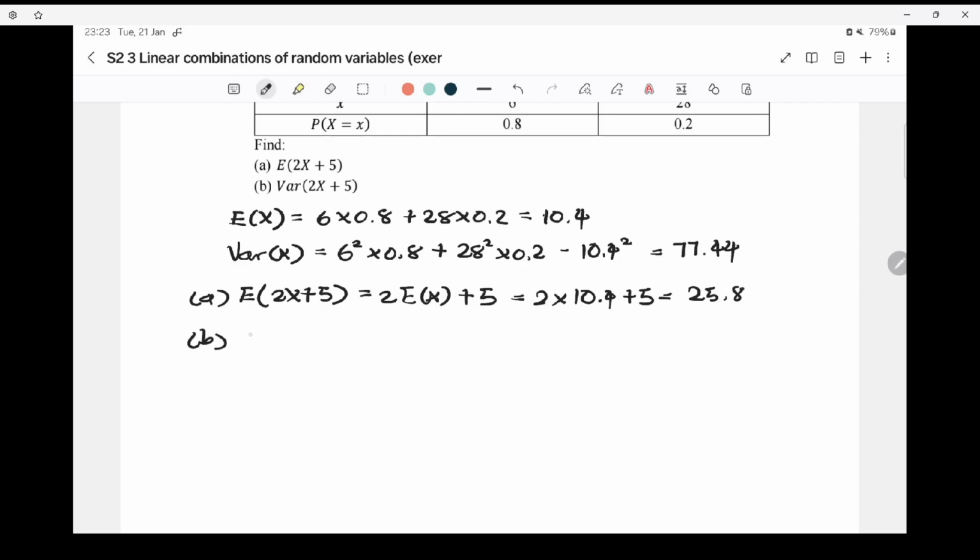So part B, the variance of 2x plus 5, we know that this is 2 squared times the variance of x. So this will be 4 times 77.44. That will give you 309.76. So that's how you find those expected value and variance.